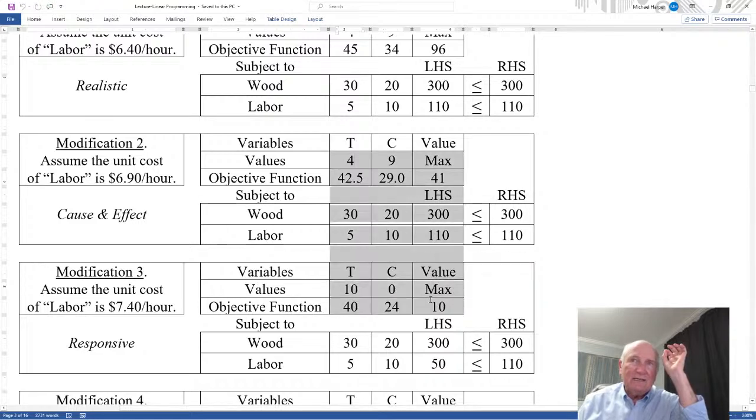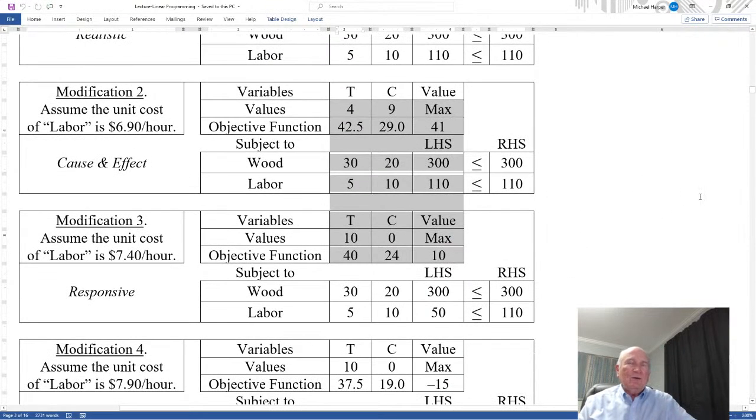And so the idea here, the takeaway, which is extremely important, it's simple, but it's very important in business, is that when your cost starts changing, there's going to be an effect, cause and effect. And so your profit decreases.